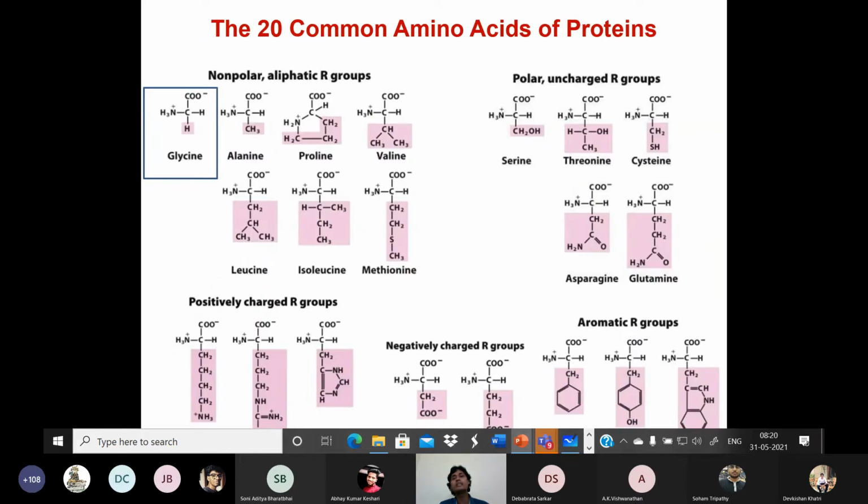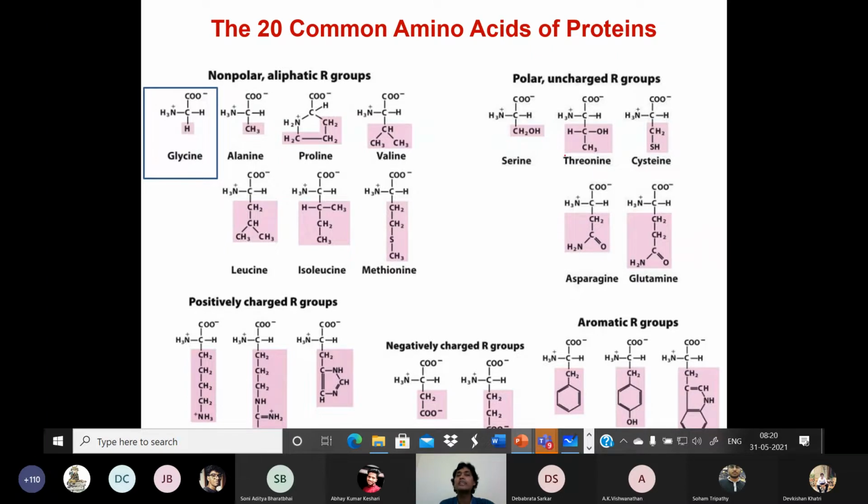So here are the 20 amino acids that constitute a protein. Though these are the chemical structures of the 20 amino acids, you don't need to remember them.